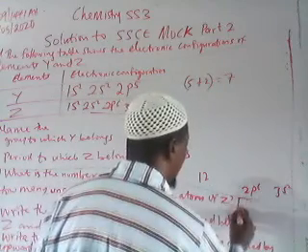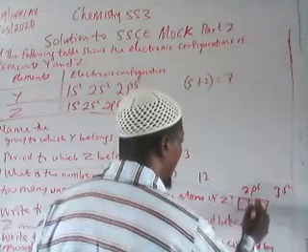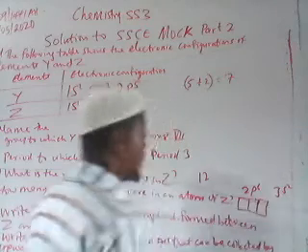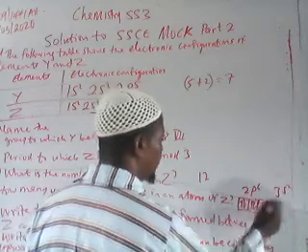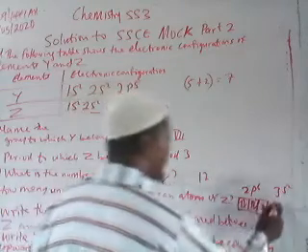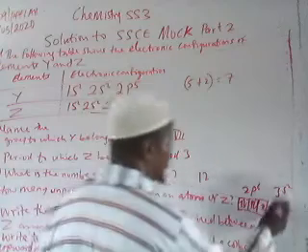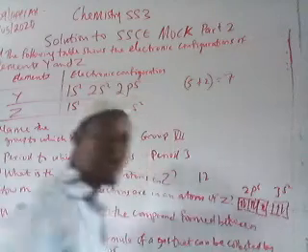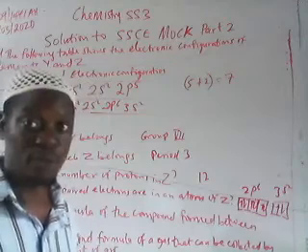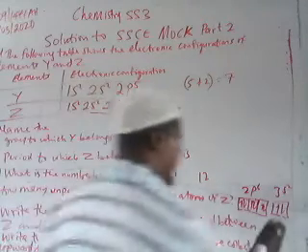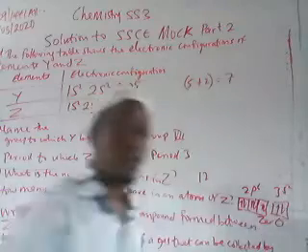The P block is made up of 3 orbitals, and you have 6 electrons. 1, 2, 3, 4, 5, 6. All paired. Then the next block, the s, is made up of 1 orbital, and we have 2 electrons there, 1, 2. Both of them are paired. So there's no unpaired electron. So the number of unpaired electrons there is 0.